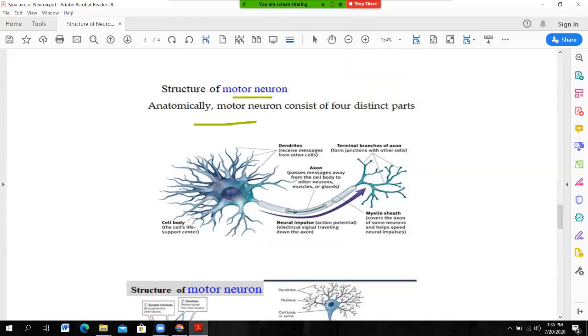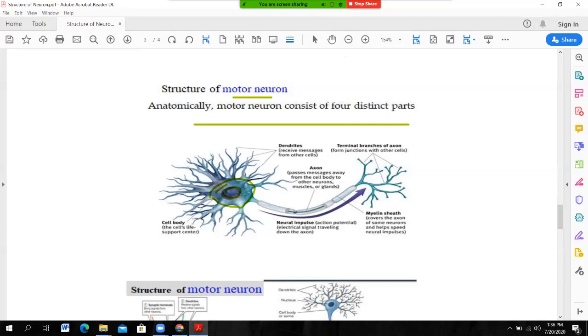Anatomically, the motor neuron consists of four distinct parts. They have cell body. This is the cell body of the motor neuron. The cell body have nucleus, and this is the cytoplasm, and the cytoplasm contain various structure that are the life support structure for the neuron.